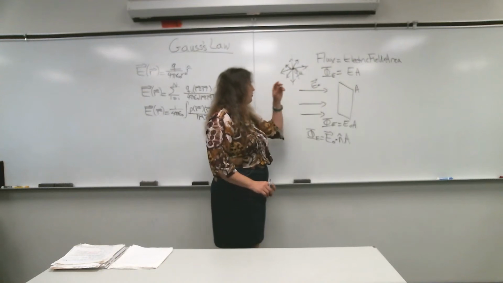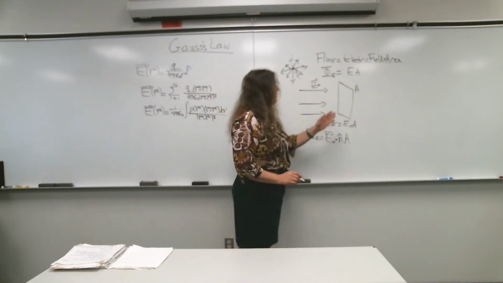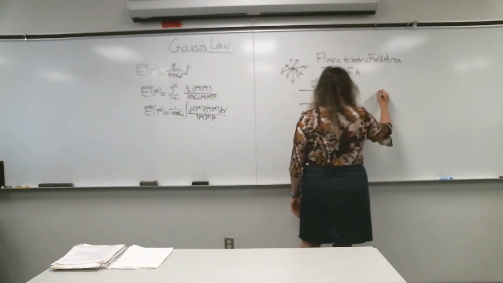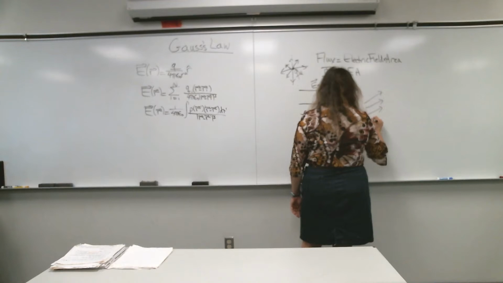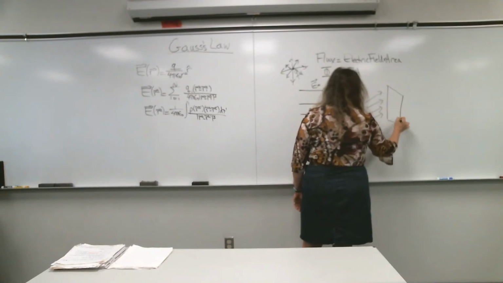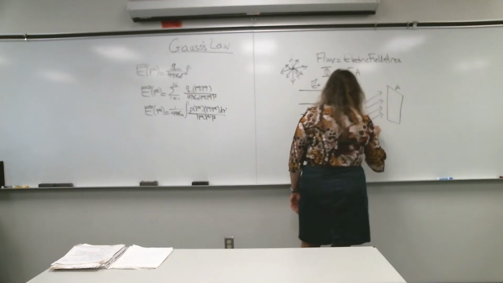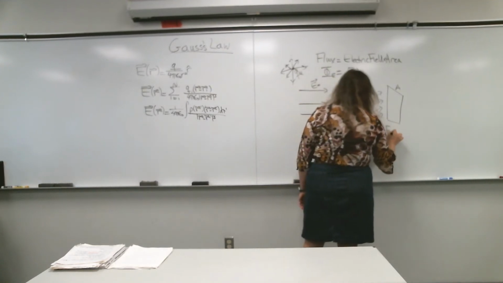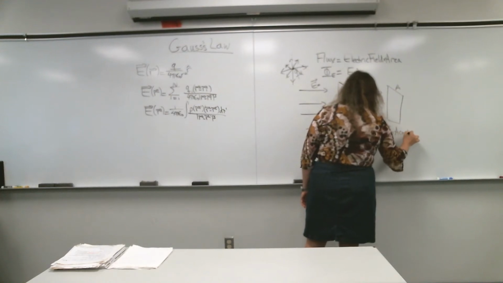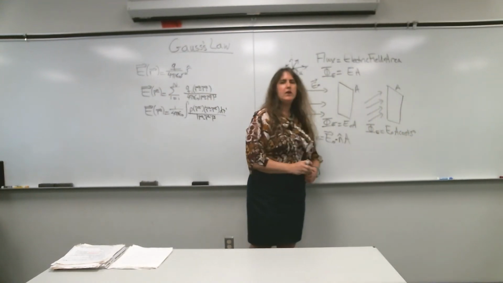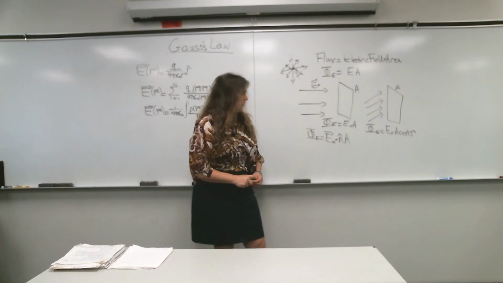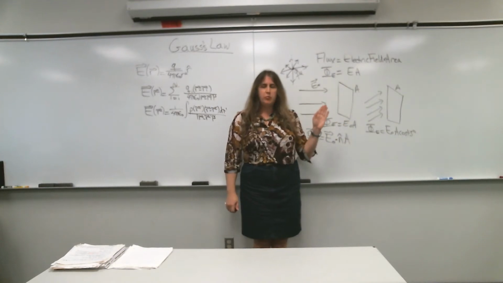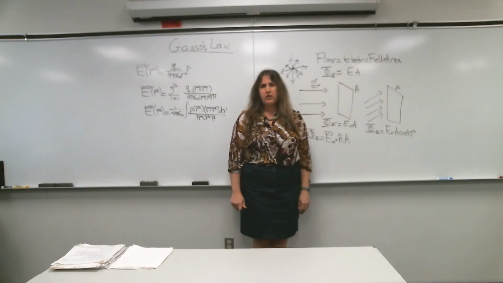So in other words, if these electric field lines were coming in at an angle of 45 degrees with respect to this plane, then our flux would be E naught A cosine of 45 degrees. In the event that your field lines were along the plane, your flux would then go to 0.